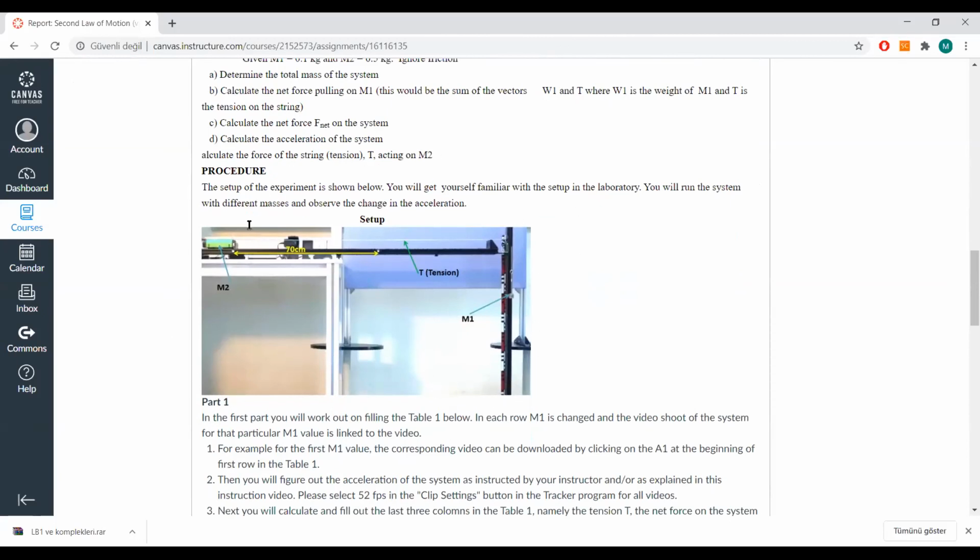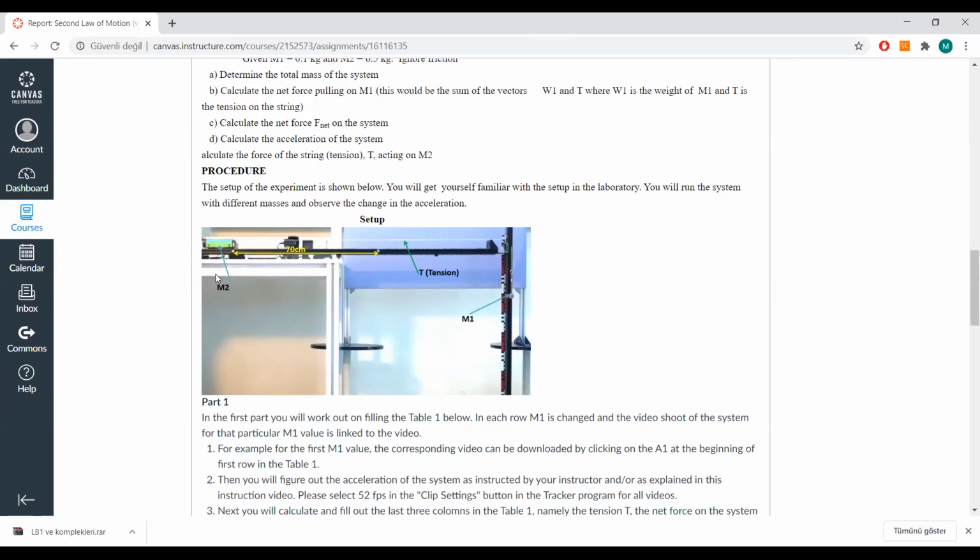Here, there is a picture of the experimental setup. A cart of mass m2 and an object of mass m1 are attached by a lightweight cord that passes over a frictionless pulley of negligible mass, as in the figure.